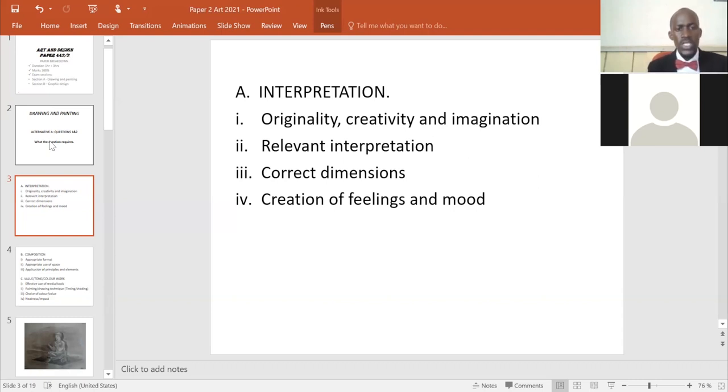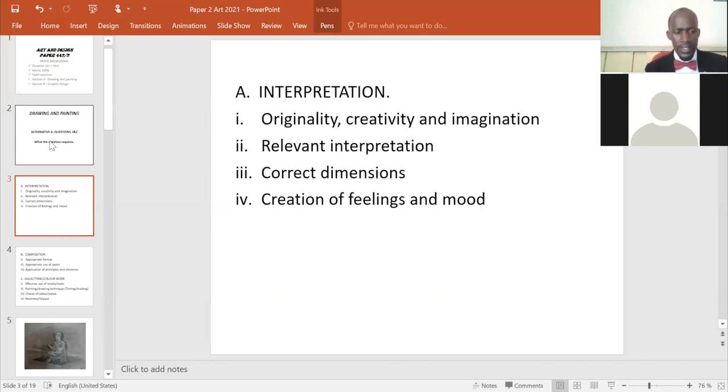Then we talk about the creation of feelings and mood. Here, this particular point is limited by the learner's ability to interpret the kind of composition given. For instance, I've given an example.